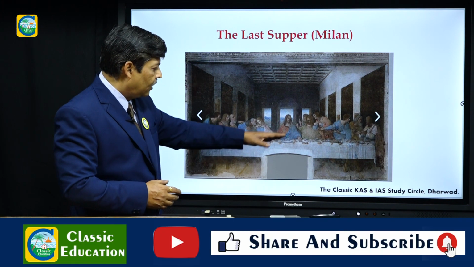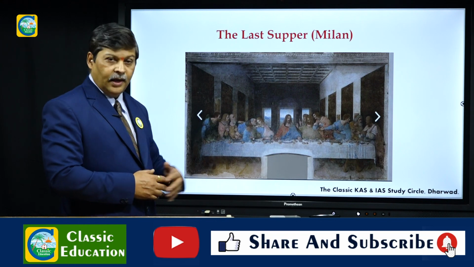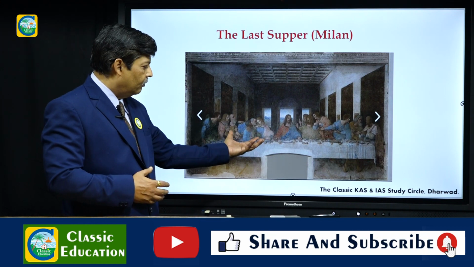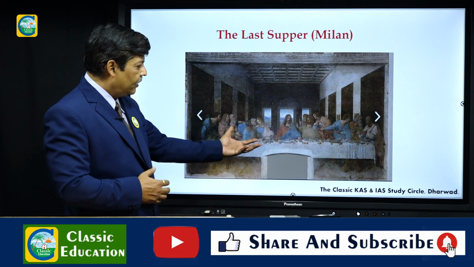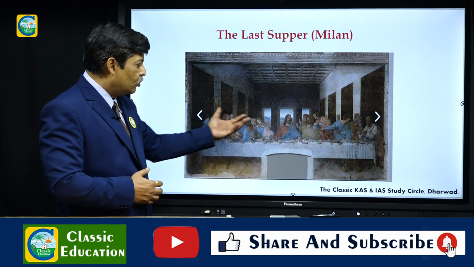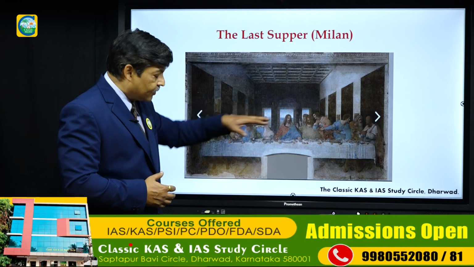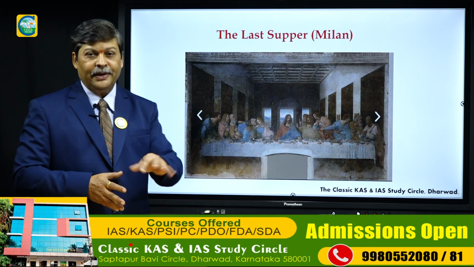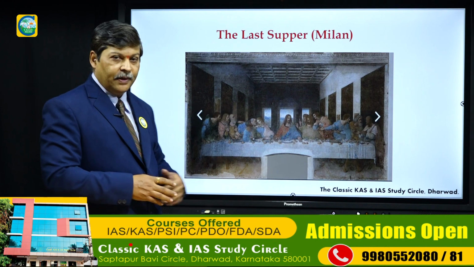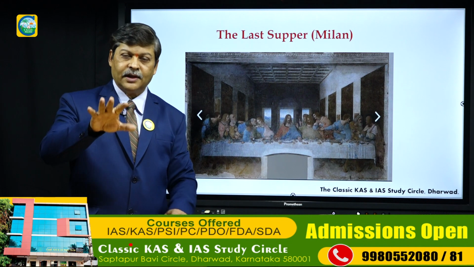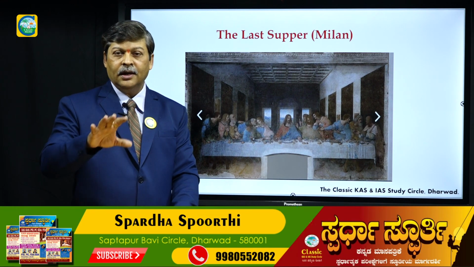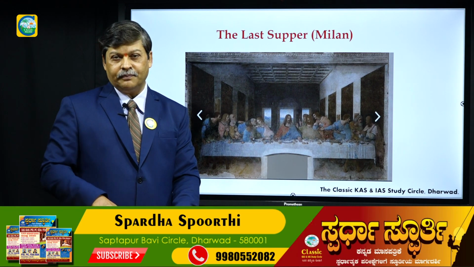You can see the table, and on it the porridge served, which is what the 12 apostles are going to consume. The place where this originally took place is Jerusalem, in Israel.